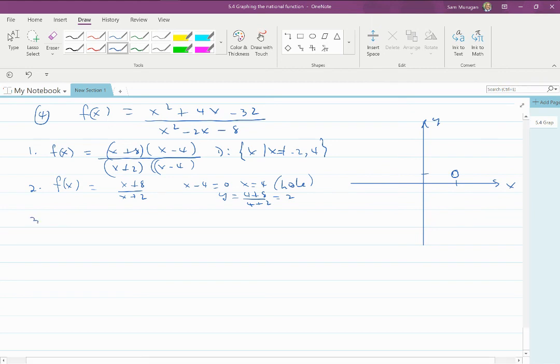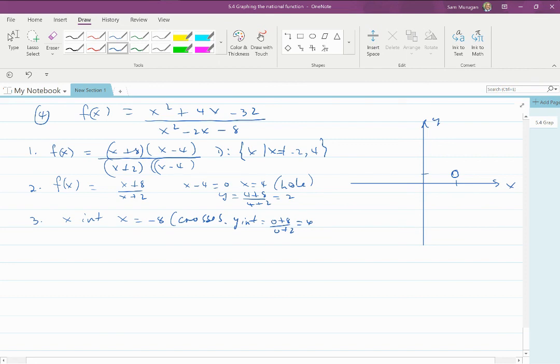Step 3, the x-intercept. From the numerator, x is equal to -8, it crosses. The y-intercept is 0 plus 8 over 0 plus 2, which is equal to 4.